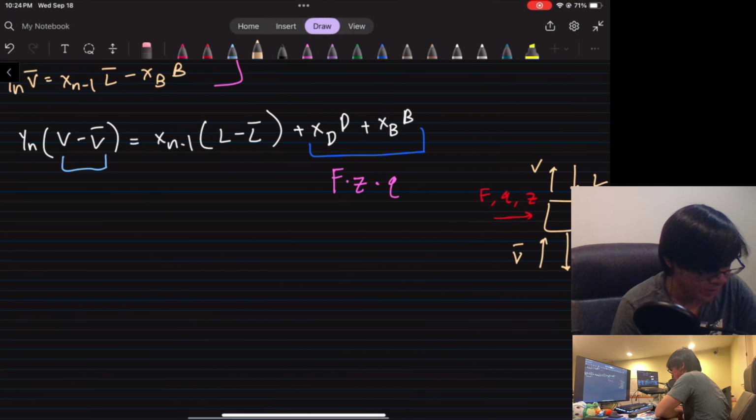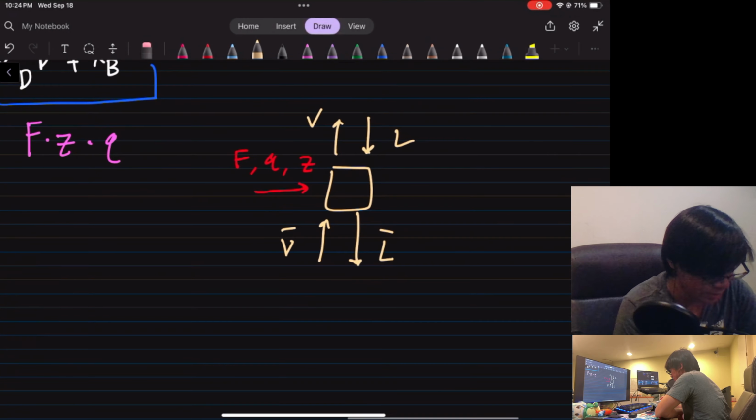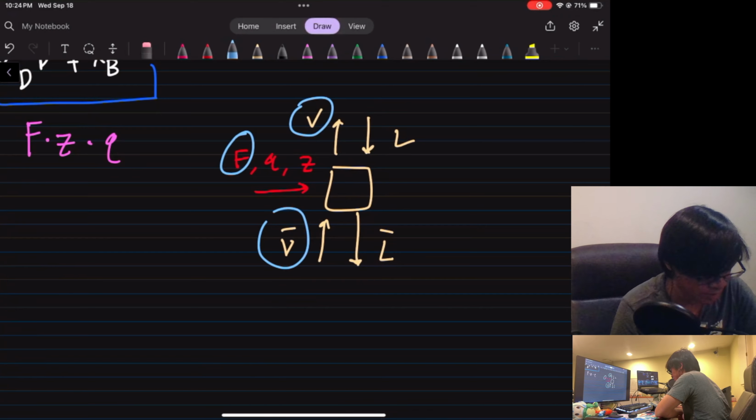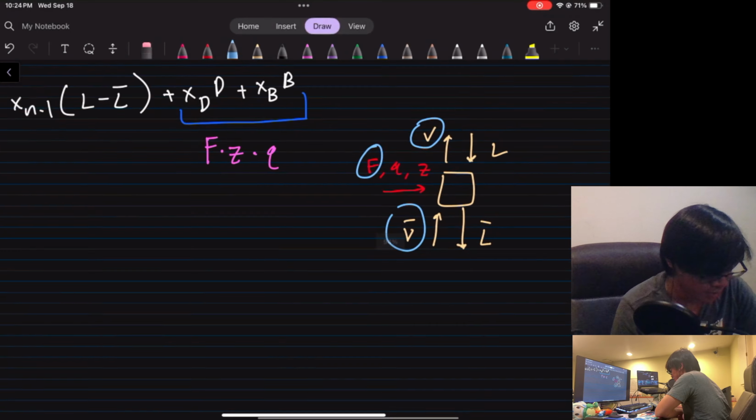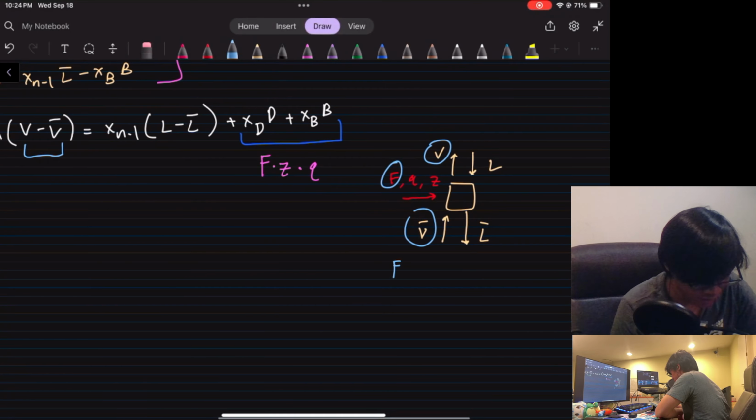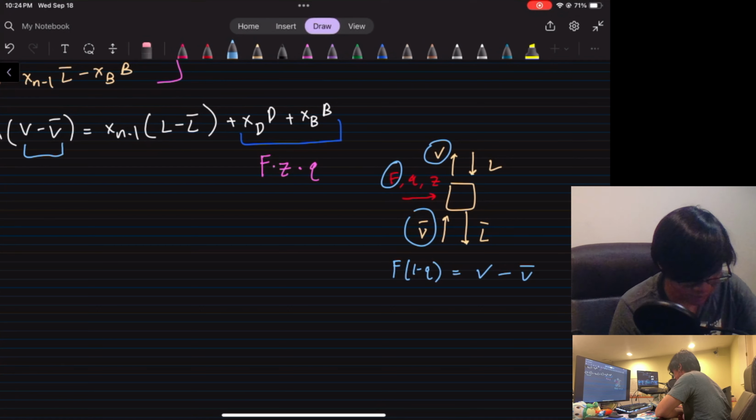Well, remember V minus V bar, it's these two relations. And what must that be related to? Well, it's our feed. So I should write the feed of our vapor molar fraction must be equal to the vapor going up minus the vapor coming up from the bottom, because the vapor is the feed.